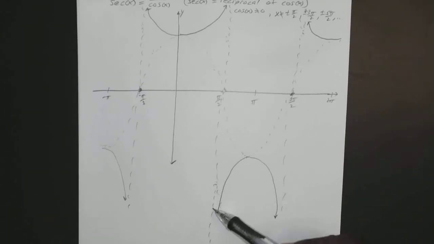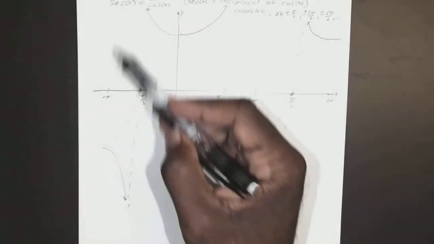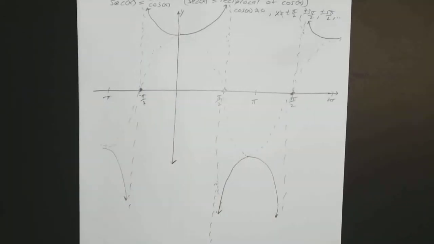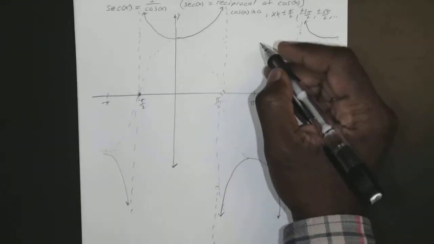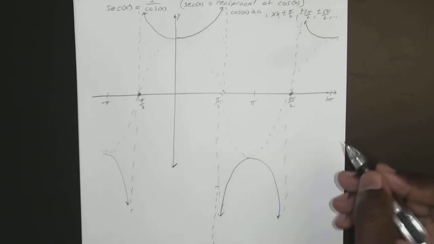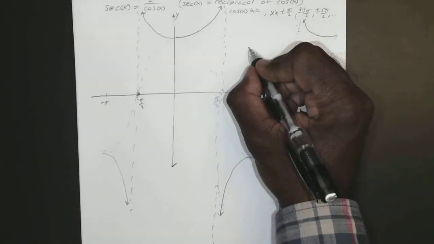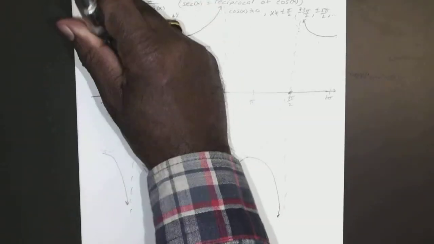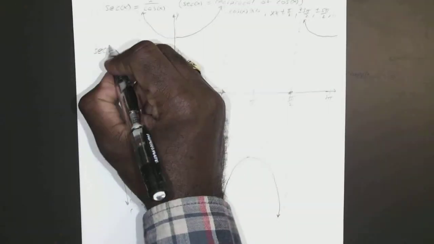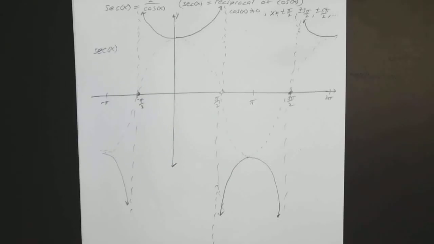So you end up with a downward parabola, upward parabola, downward parabola, upward parabola. It just kind of rotates over and over again. So that's actually your graph of secant of X. I'll put it right here: secant of X. All right, any questions on that one?